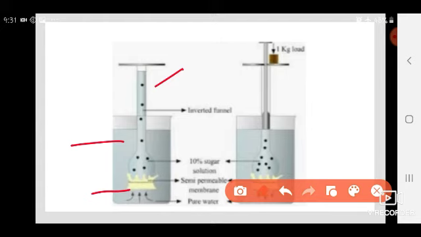That pressure is called osmotic pressure. The more the solute concentration, the greater the pressure required to prevent water from diffusing inside.